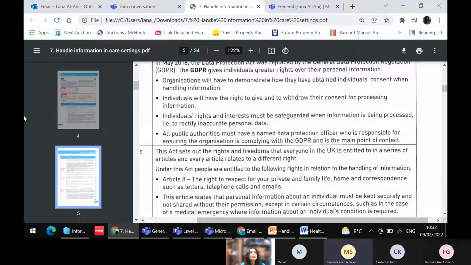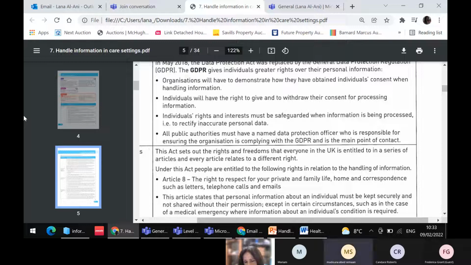What does this mean? It means in each care setting, they need to have a person who is responsible as a data protection officer, responsible for the information inside the organization. Why? Because let us say one of the care homes collects a lot more information than they need, and also without people's consent.